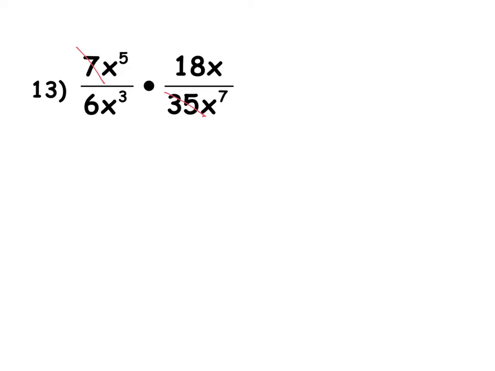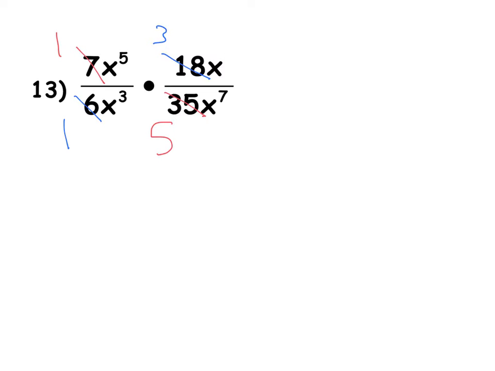Both of those numbers are divisible by 7. 7 divided by 7 is 1. 35 divided by 7 is 5. How about 18 over 6? 18 and 6 are both divisible by 6, right? 18 divided by 6 is 3, and 6 divided by 6 is 1.